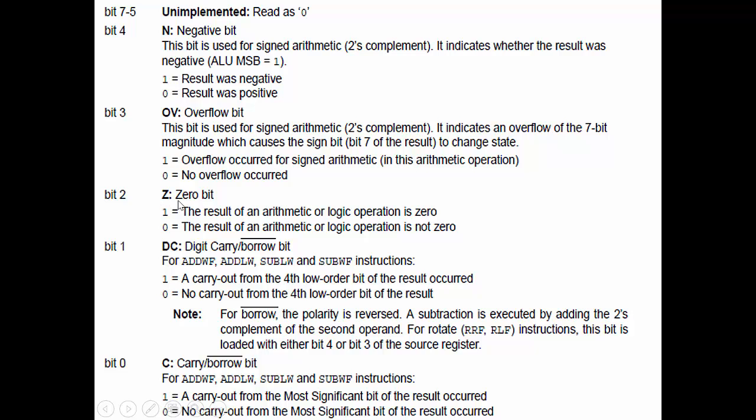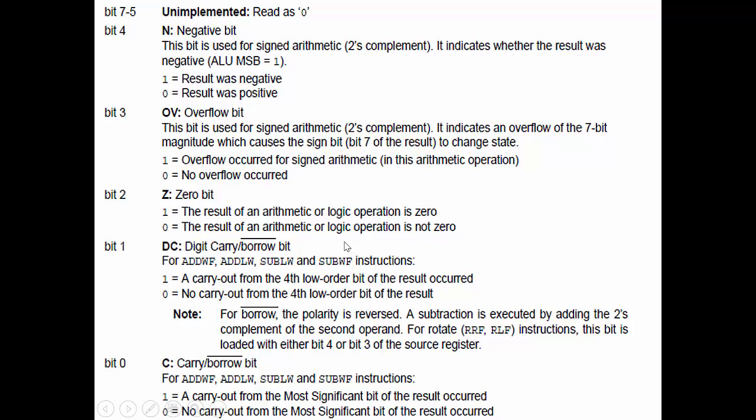Coming to bit 2, it stands for Z, that is the zero bit. If this particular bit is 1, then the result of the arithmetic or logic operation is 0. If it is 0, then the result of the arithmetic or logical operation is not a 0 value. That is the indication of bit 2. Next, coming to bit 1, it is shortly DC, called the digit carry or borrow bit.